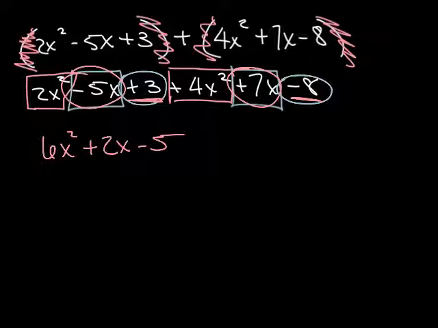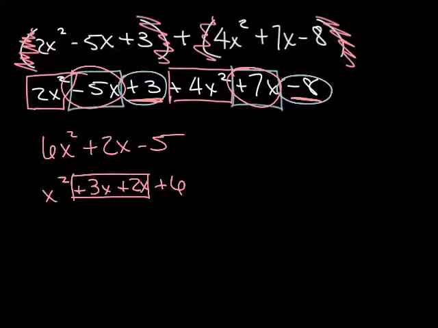So that's example 1. Let's jump over to example 2, where they give us x squared plus 3x plus 2x plus 6. Now notice here, when we're adding these, the only similar terms, the only like terms are those two.